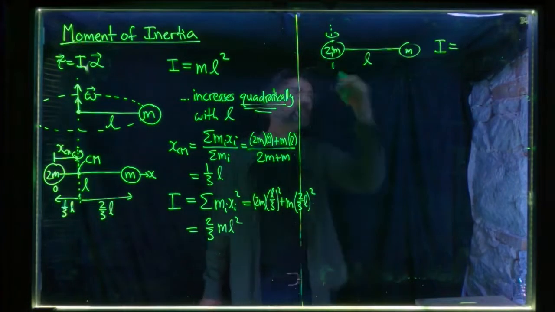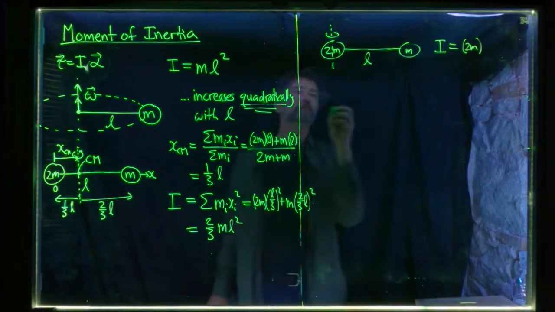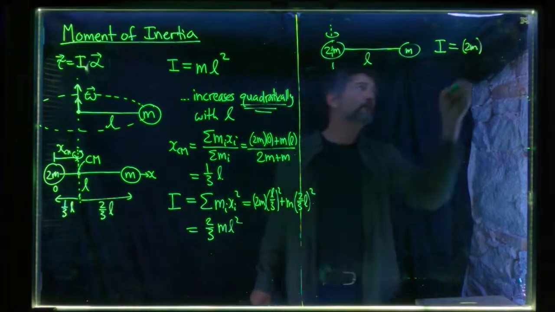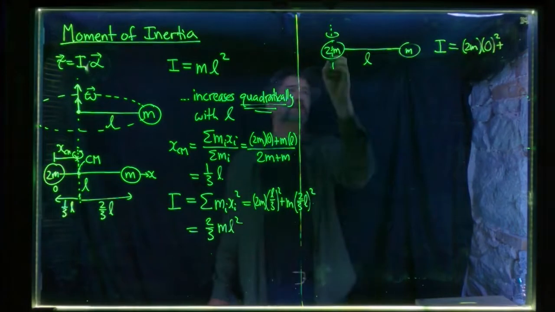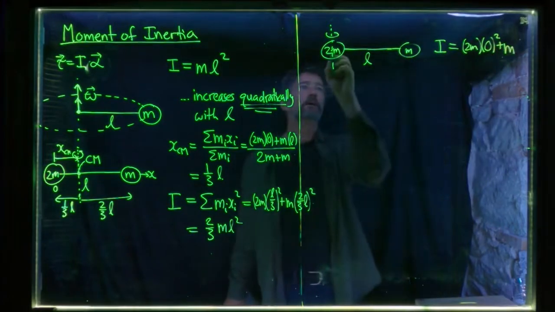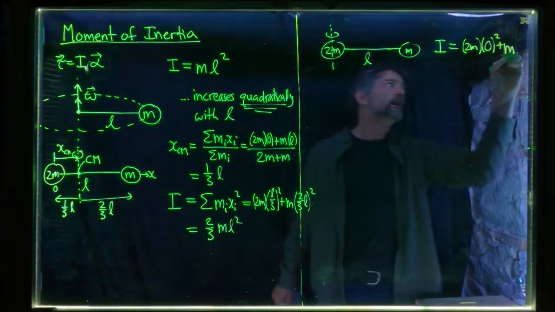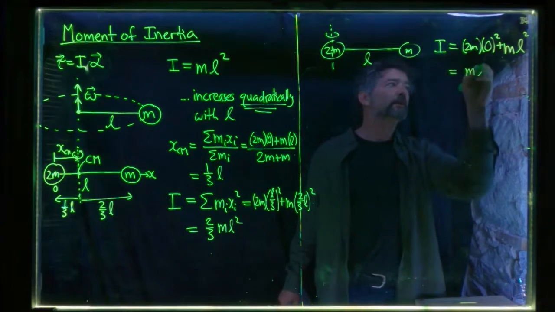We have a mass 2m times the perpendicular distance from the axis of rotation to that mass, which is just 0. Plus the second mass m times the perpendicular distance squared, so this is 1 times mL squared.